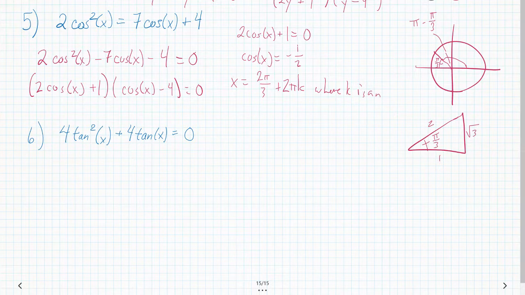And the other value, sorry about that, if I go another pi over 3 in this vicinity, I get the other value of pi plus pi over 3, which is 4 pi over 3 plus 2 pi k, where k is an integer.